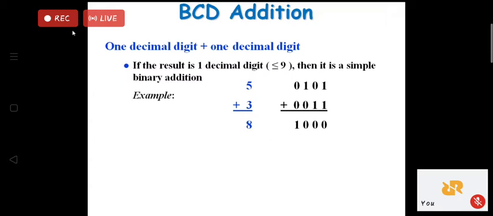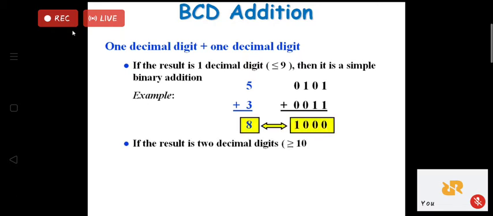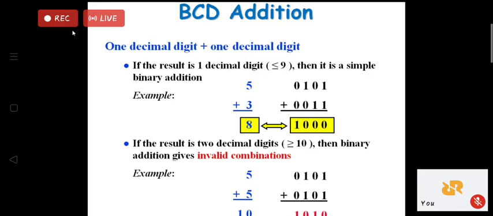So can we make some change in BCD addition so that we can add the two numbers like decimal numbers? Let us see. If the result is two decimal digits, that is above 9, what comes above 9? 10. If 10 comes, what do we do? Let's see. I will explain it with an example, because unless it is illustrated with an example, you will not enjoy it.